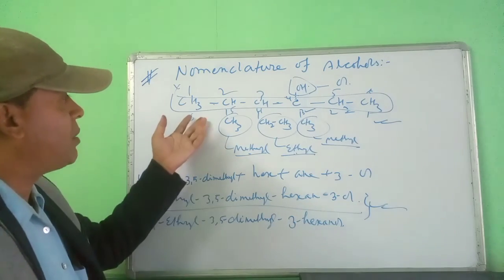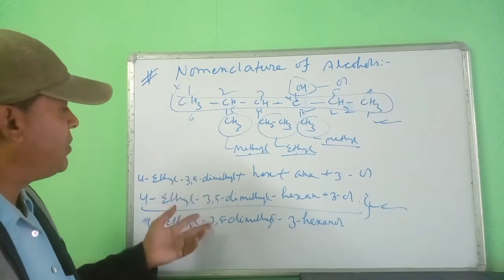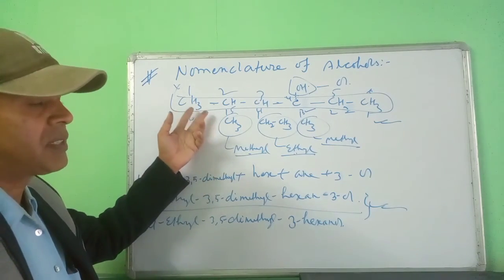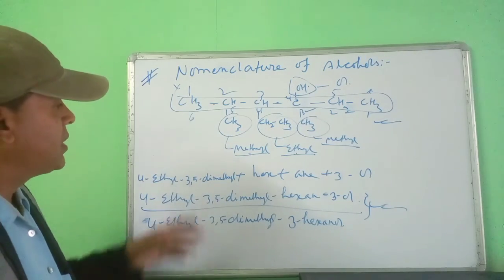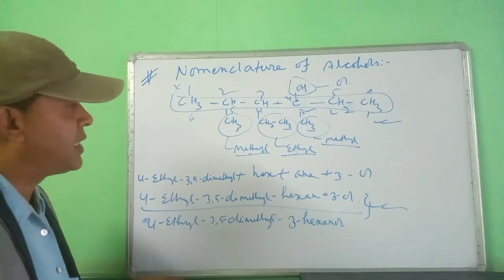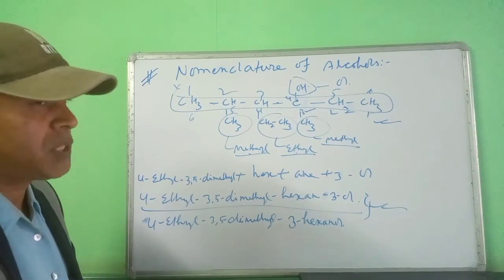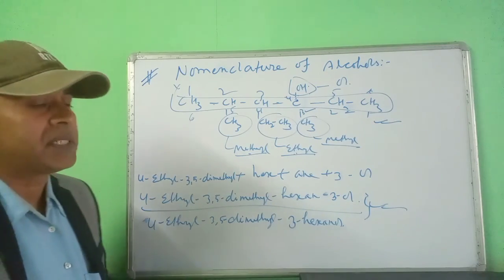Mostly the structure of the compound is given and we have to write the name. Sometimes the name is given and we have to write the structure. So in part 2, I will discuss both, and different other examples: 2 times OH present, 3 times OH present, more than 3 times OH present in the compound. Okay, so in the second part I will discuss.